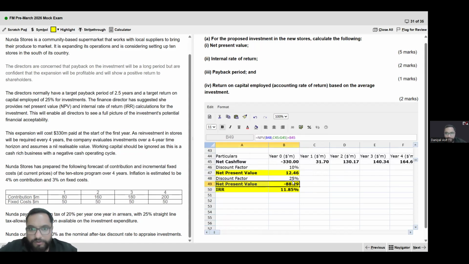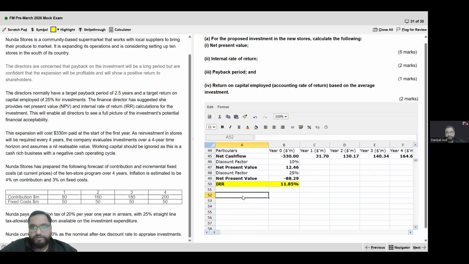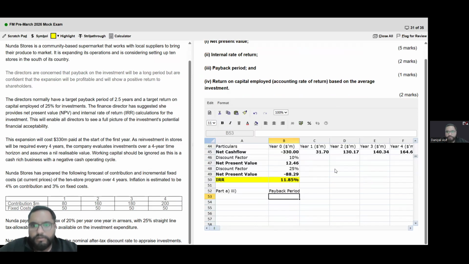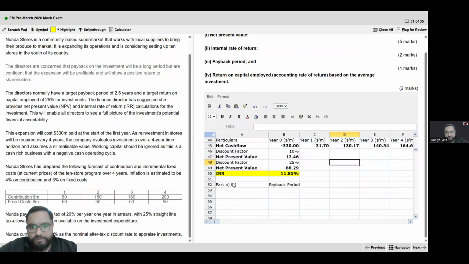And we are going to remove our highlight. Part A3 is payback period.